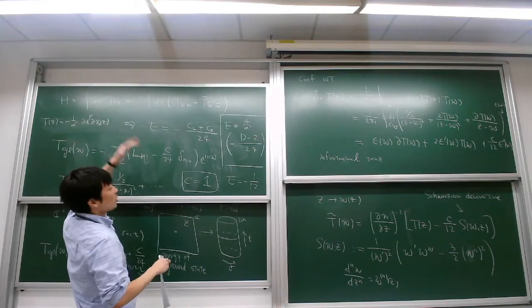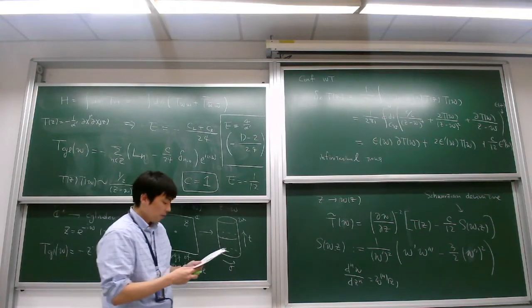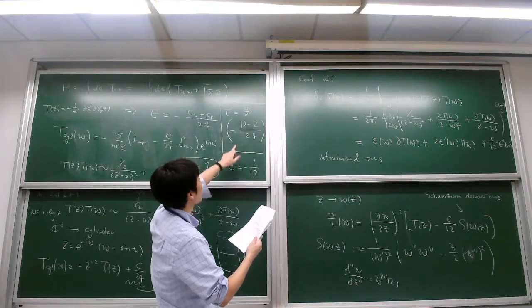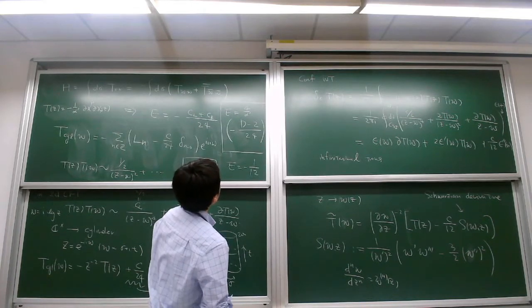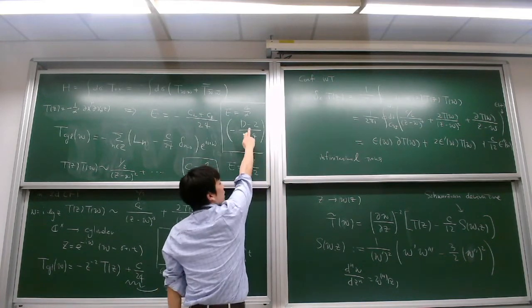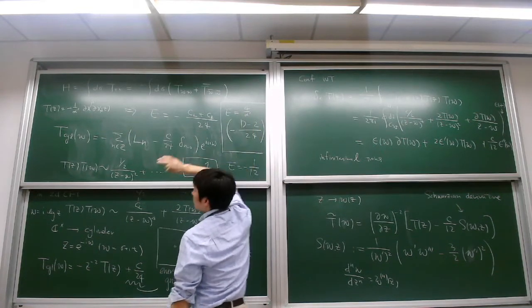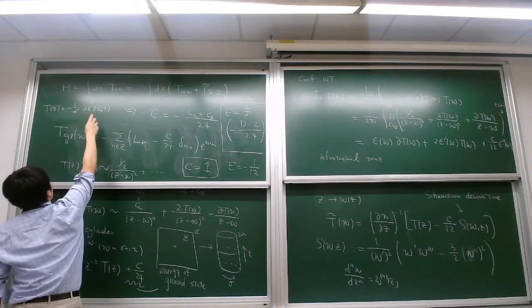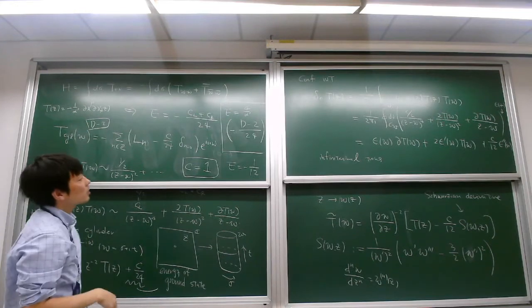So each dimension will give you minus 1 over 12, and at the end of the day, if you sum up both the left and right moving sectors, you will get this one. D minus 2. Here we take the light cone gauge. D minus 2 really comes from the directions, if you forget about the light cone direction.